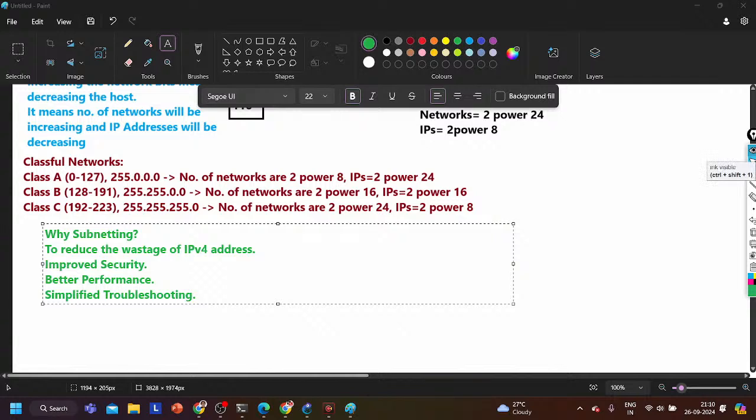So this is not like, if it is free, then we can use any subnet, any IP network. Subnetting allows you to use IP address space more efficiently, rather than assigning one large network to all the devices.